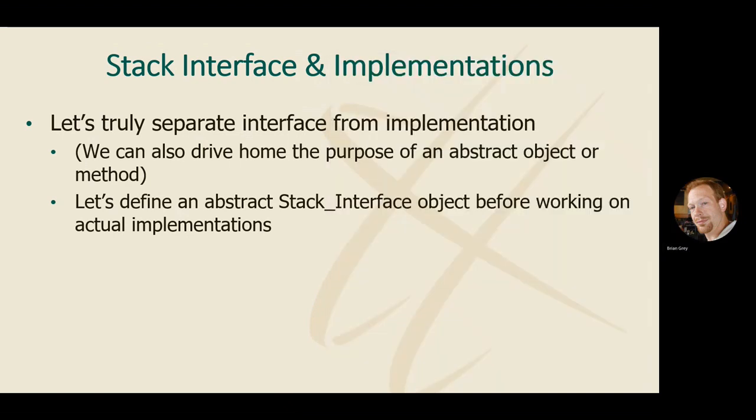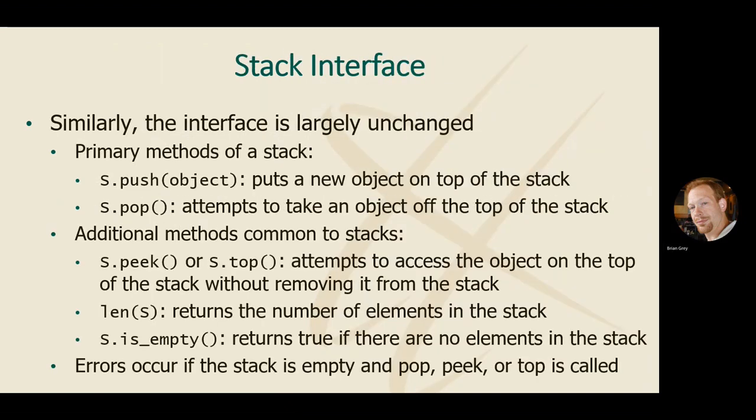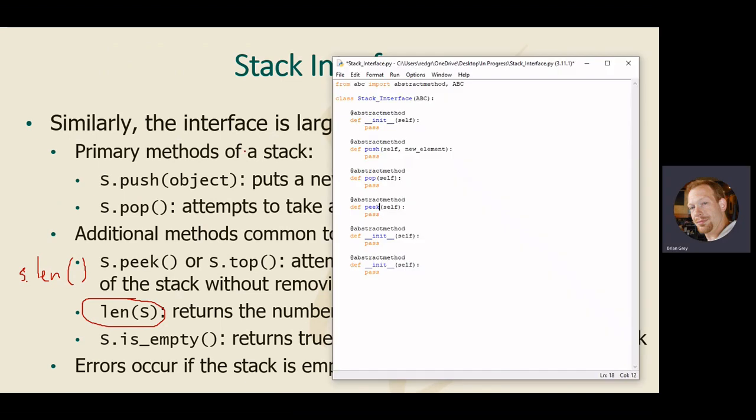What about this? Notice that we're not calling something like s.len. We're calling len like we do for an array. Well, is there a way to do this programmatically in Python?